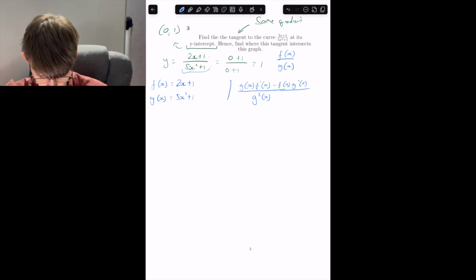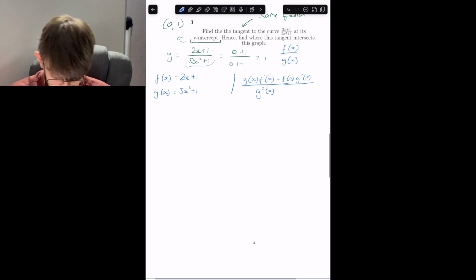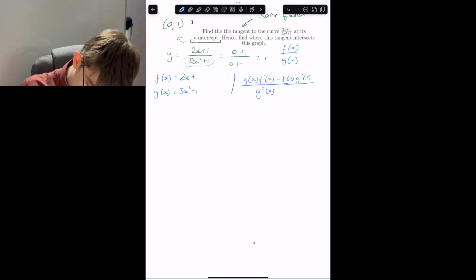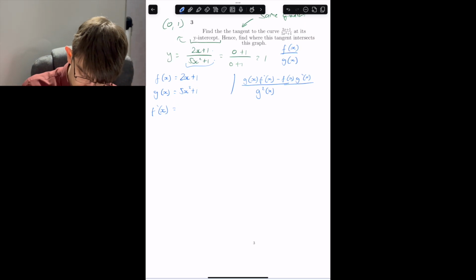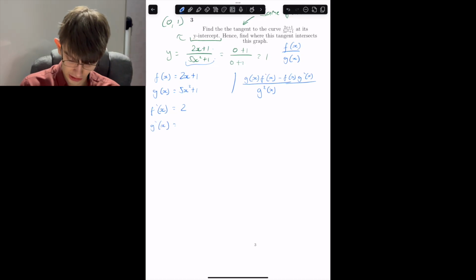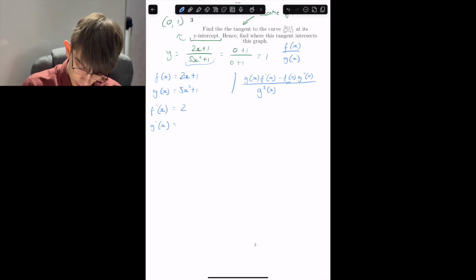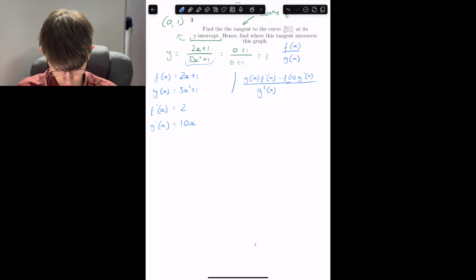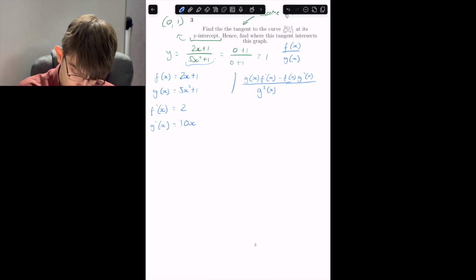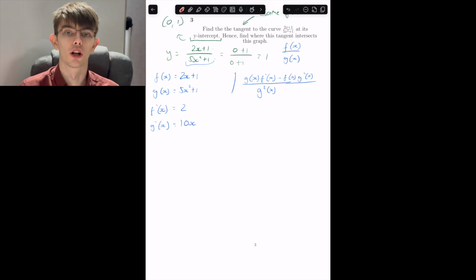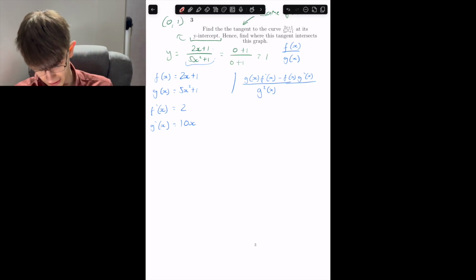And that's the equation I'm going to be working with. So let's finish this off and find f prime of x. Well, that's just going to be 2. And g prime of x is going to be 2 times the 5 is 10, x to the power of 1. So just 10x. Nice and easy, just some simple polynomials after all that rubbish we had earlier with trigs.